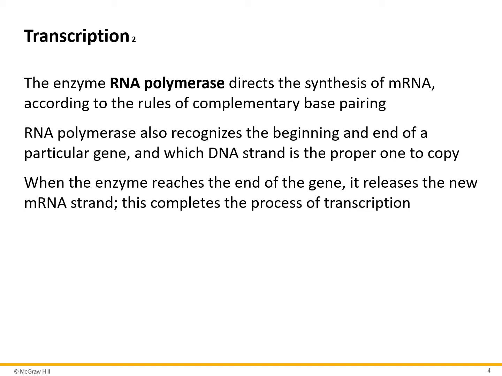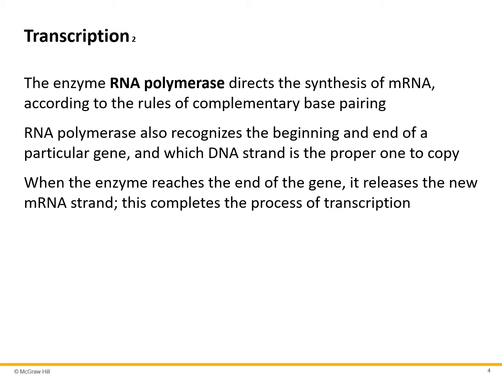Now, RNA polymerase, like the DNA polymerase we looked at in DNA replication, helps direct the synthesis of messenger RNA. As we go through this, RNA polymerase recognizes the beginning and the end of the gene, and that helps open it up.